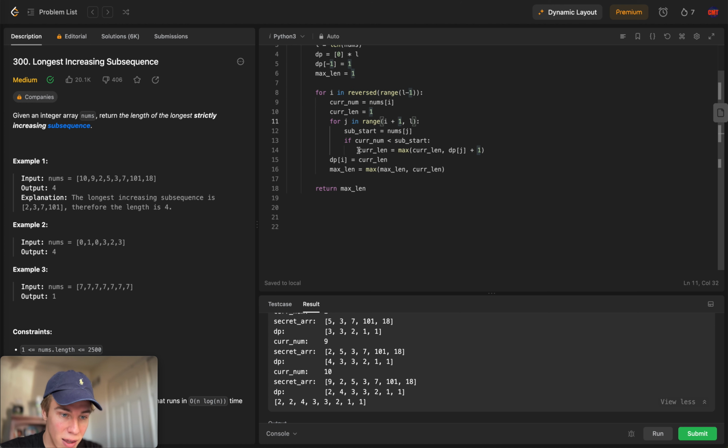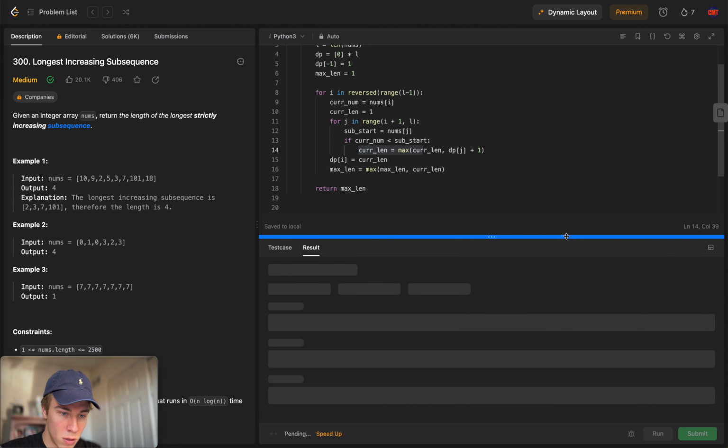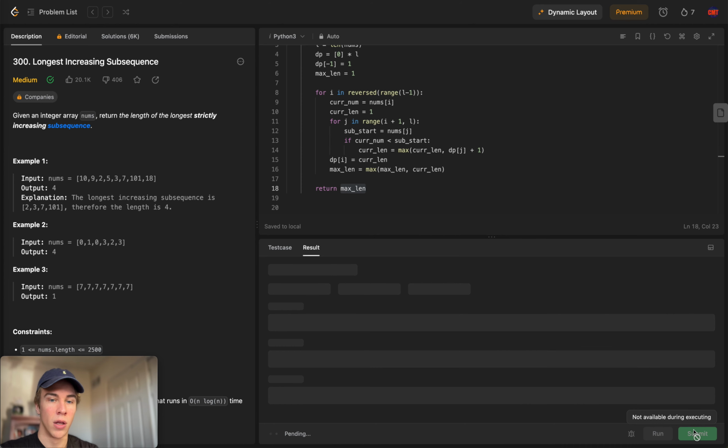So current length gets updated to the best possible solution, not each time, just once. So this should work now. Awesome. And then returning max length instead of current length like I was doing before.